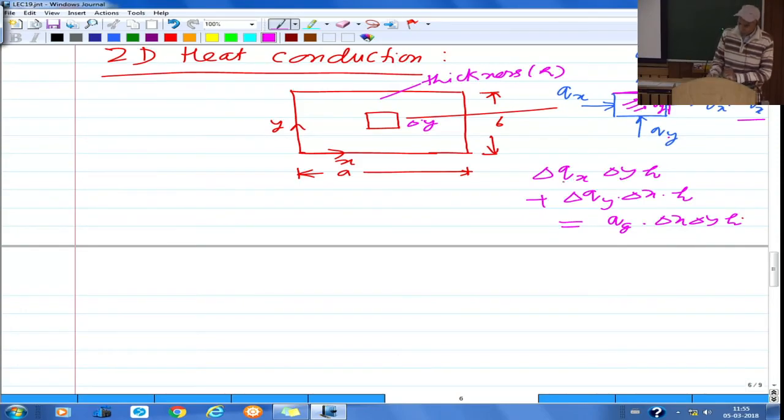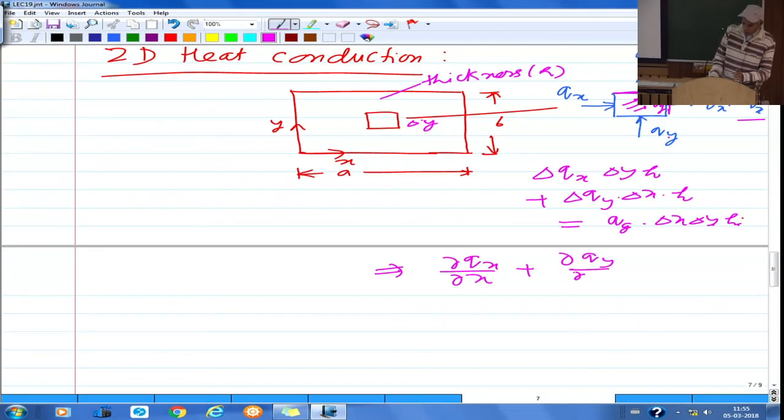The first term gives delta Qx divided by delta x, which in the limit when delta x tends to 0 translates to del Qx by del x. Plus the second term, delta Qy by delta y, which when delta y tends to 0 becomes del Qy by del y, equal to Qg.